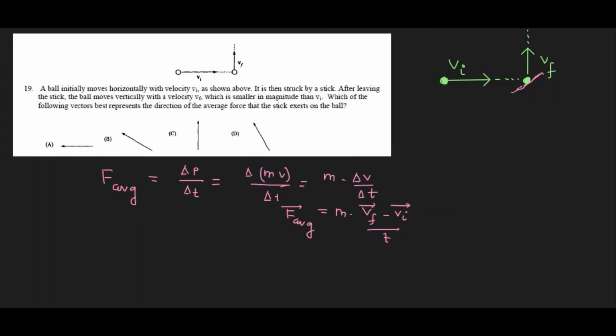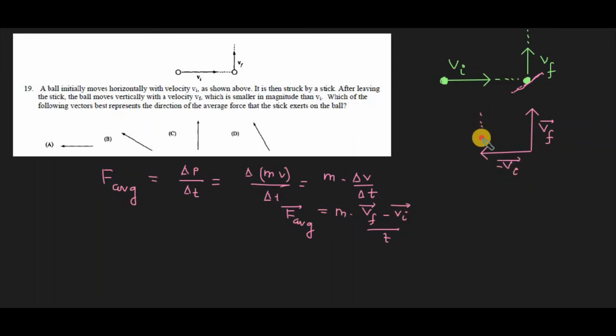Here the final velocity is along this direction, and for the initial velocity we have to do the subtraction of the vector. So the negative of vi is drawn in the opposite direction, at the tail location of the first vector. So this is vi, this is vf, and this is negative vi.